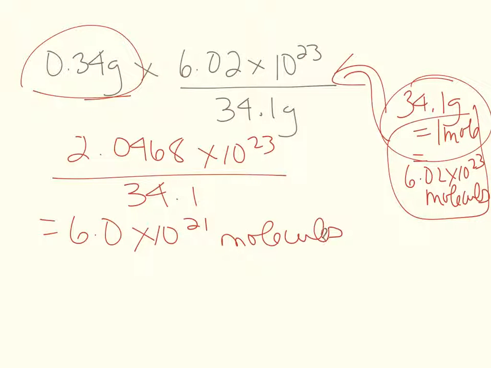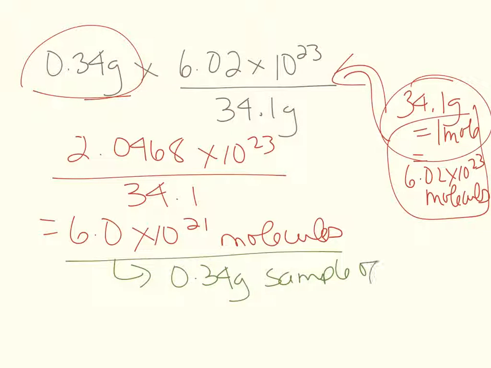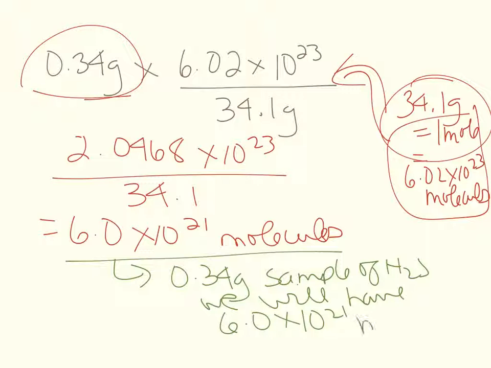So what we've calculated thus far is that in a 0.34 gram sample of H2S, we will have 6.0 times 10 to the 21 molecules.